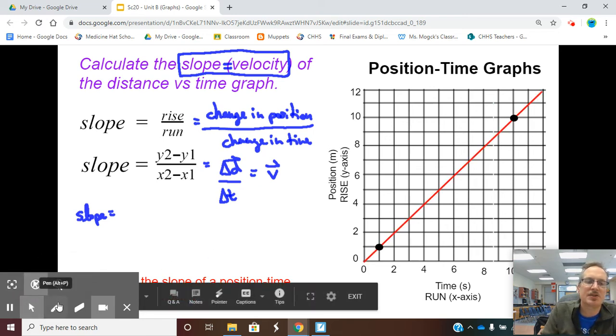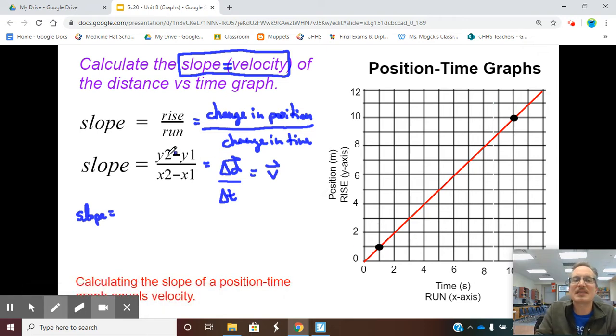We'll put the red line joining the two so it's easier for us to see. My rise, and it's always the second dot minus the first dot for y, is 10 meters minus 1 meter. My run, or my change in time, is going to be 10 seconds minus 1 second.